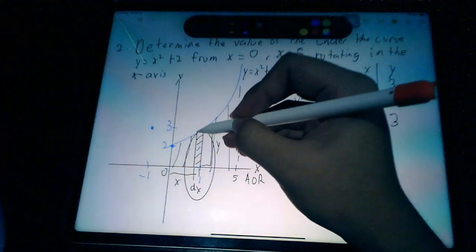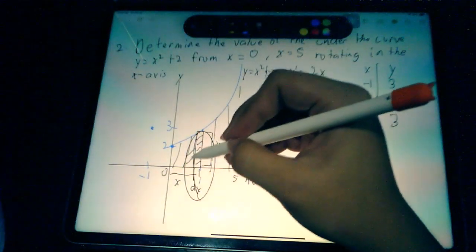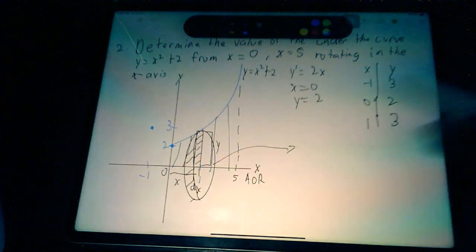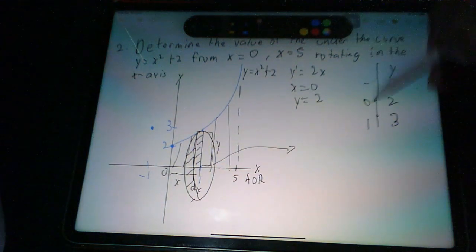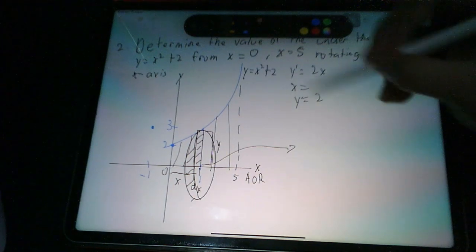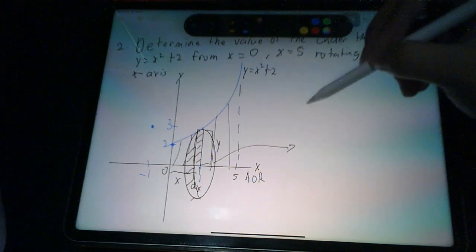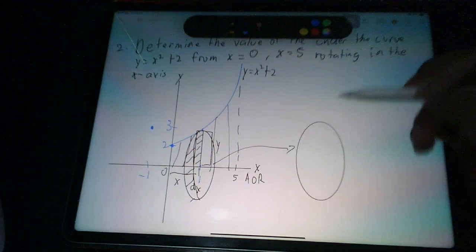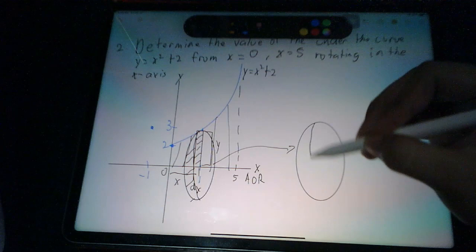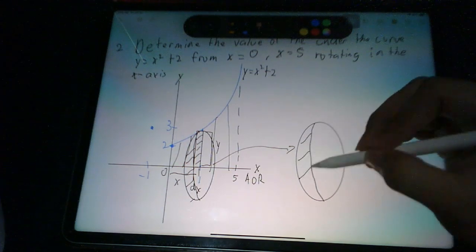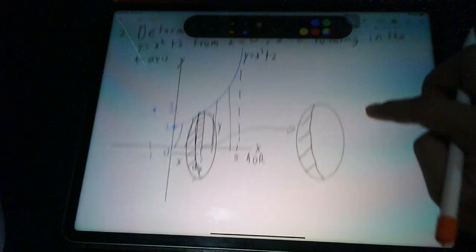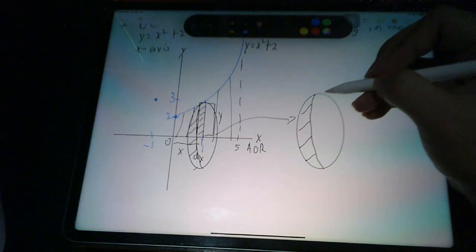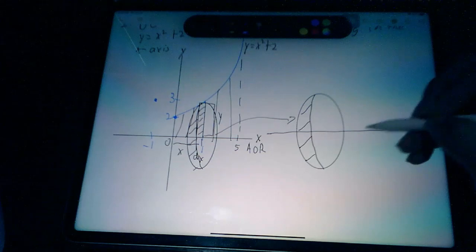Let's take out this cylindrical disc. So this is our cylindrical disc, and the area of rotation is here.